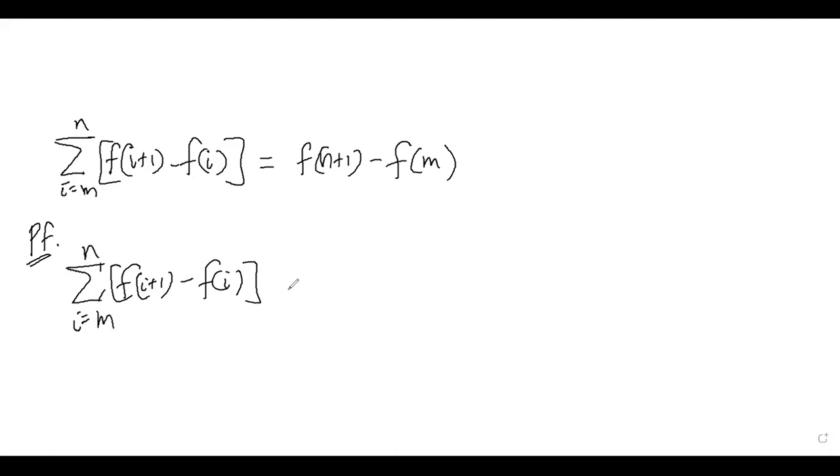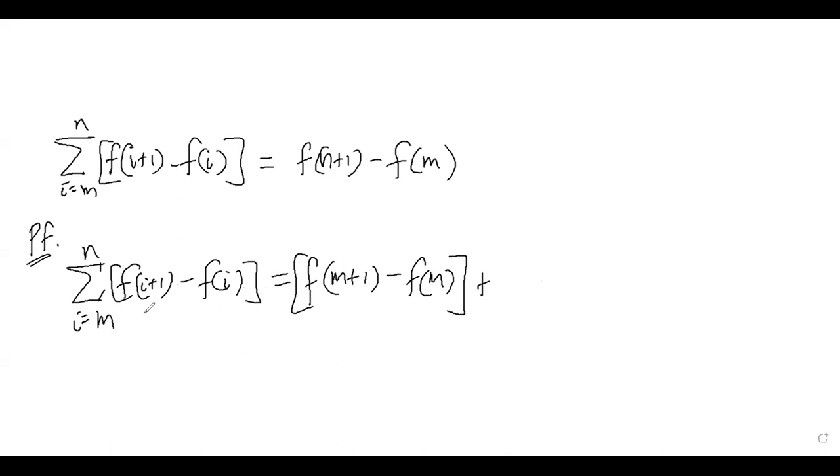where i ranges from m until n. So the first term here is when i is equal to m. It can be written as f of m plus 1 minus f of m; you just replace all i's by m. This is when i is equal to m.